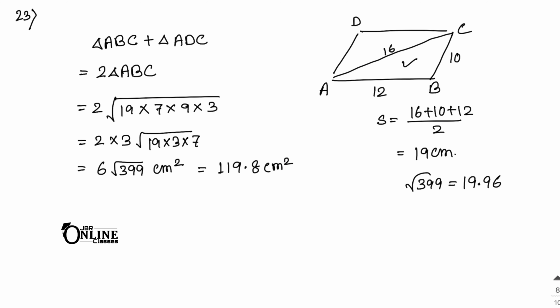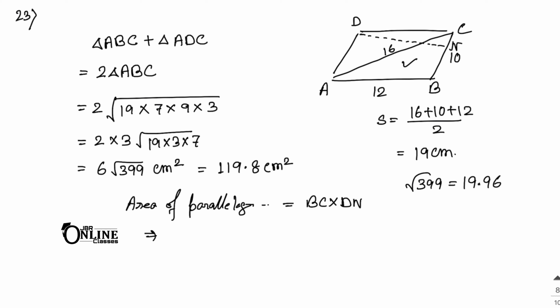So now find the distance between its shorter side. So first you have to draw a perpendicular. Suppose DN is the perpendicular and BC is the base. So the area of the parallelogram equal to base BC into DN.